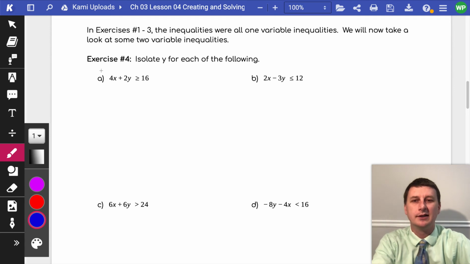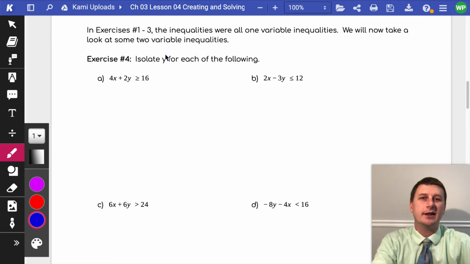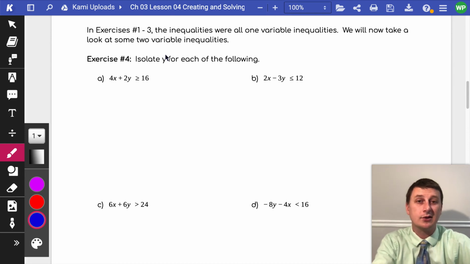What these look like: you have now an x and a y in each of them. We want to isolate y for each of these equations. So basically what we're doing is we're getting inequalities into that mx plus b slope-intercept form. That's going to lead us somewhere later on. But right now, let's just get that y by itself.